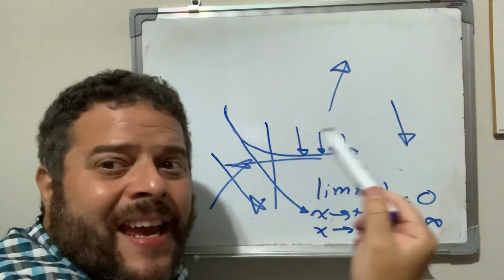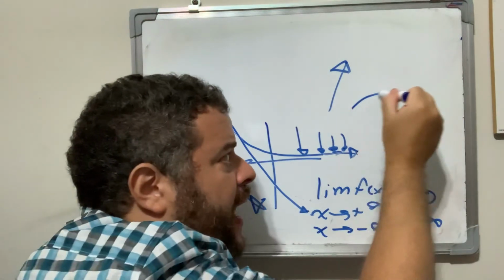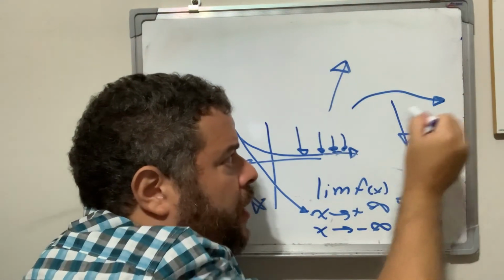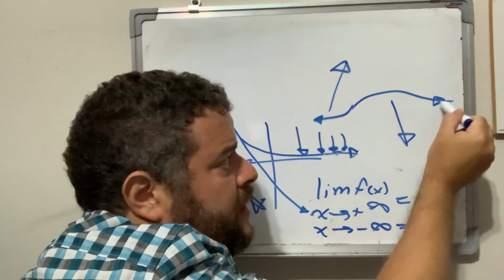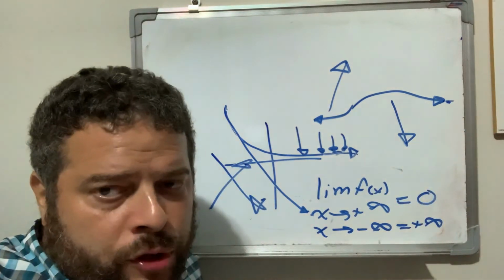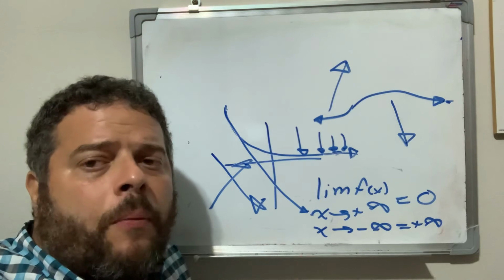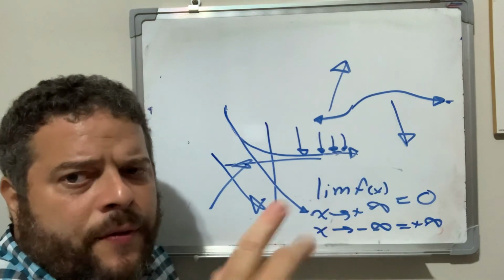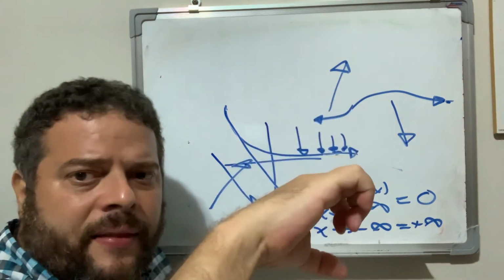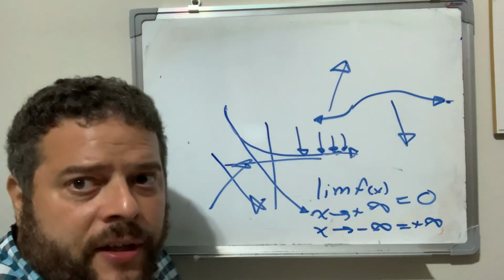Or if you're approaching a value, usually the arrow ends up sideways. And that value is the value that you are approaching. So focus on the arrow, pointing up, pointing down, or pointing sideways. It's going to tell you if it's approaching positive infinity, negative infinity, or a particular value.